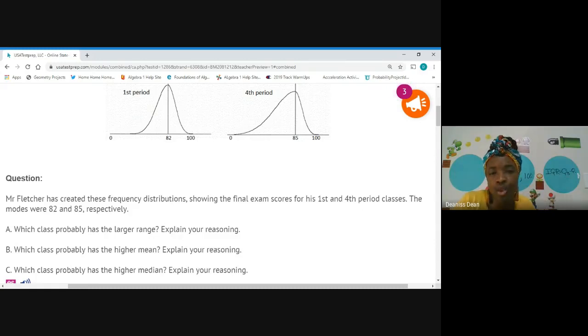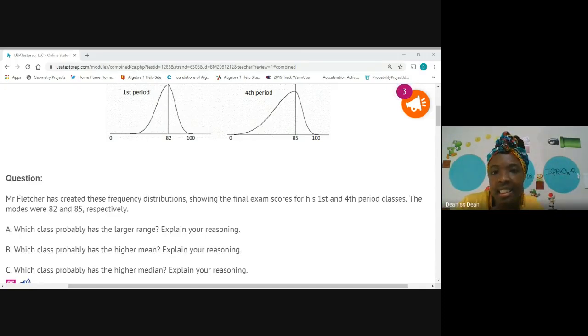We'll say this is probably like 20 to 100, and this would be almost 0 to 100, right? So it would be fourth period because their graph is more spread out from one end to the other end. So that class would be the class that would have the highest range of values, would be fourth period, okay? Yeah, so just be careful looking at that graph, okay? So they would have the lowest to the highest range, all right? Okay.